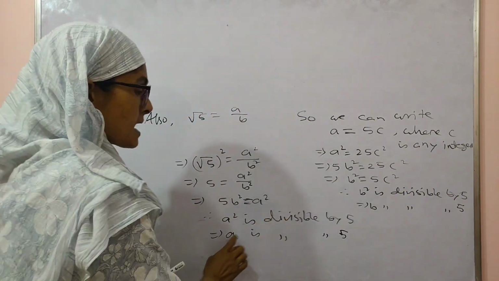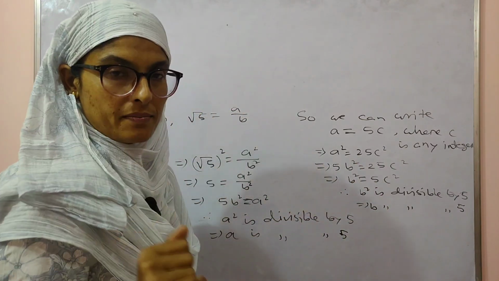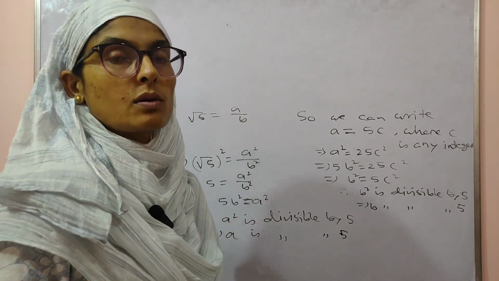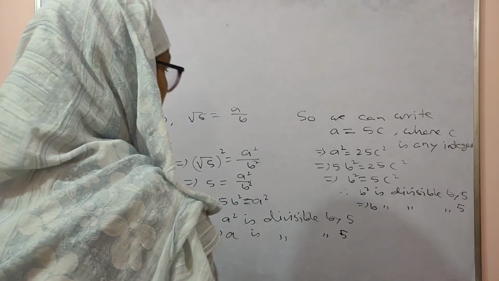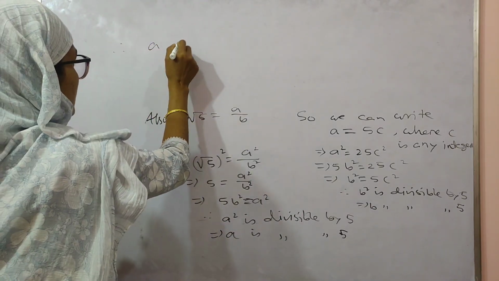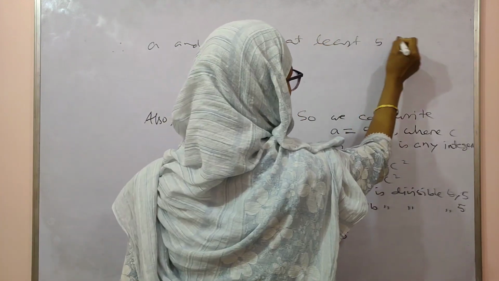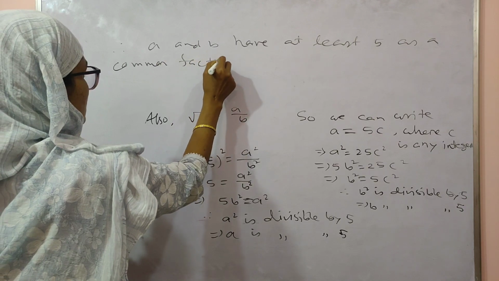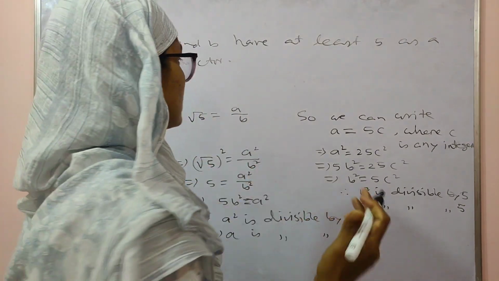That means a and b have a common factor of at least 5. But you took a, b as co-prime, meaning there is no common factor other than 1. So, therefore, a and b have at least 5 as a common factor.